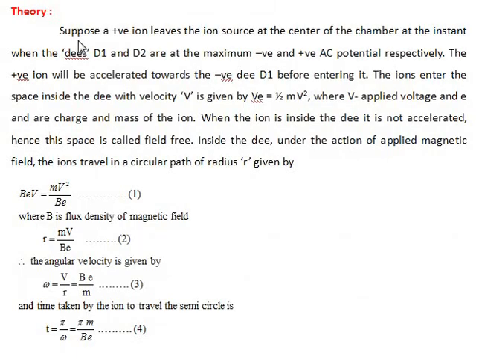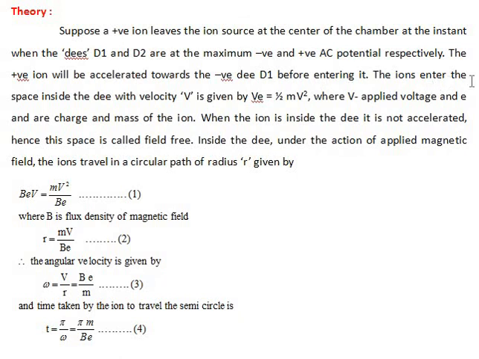Suppose the positive ion leaves the ion source at the center of the chamber at the instant when D1 and D2 are at maximum negative and positive AC potential, in the sense that D1 is at negative and D2 is at positive potential, respectively. The positive ion will be accelerated towards the negative D1 before entering it.